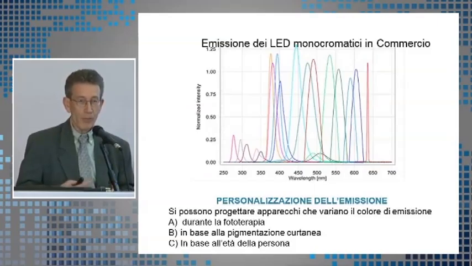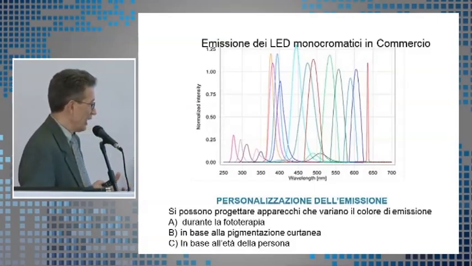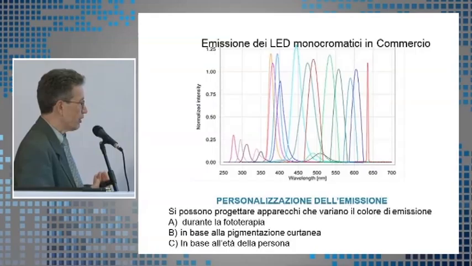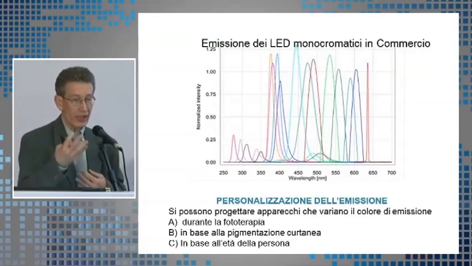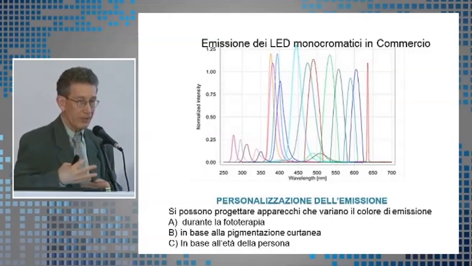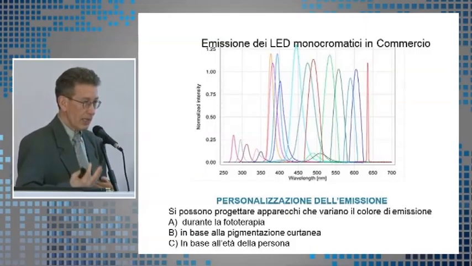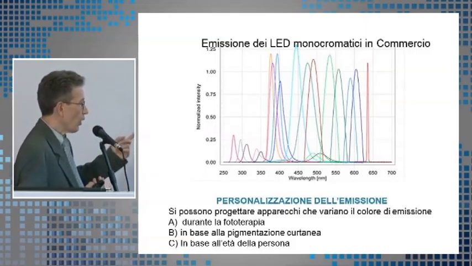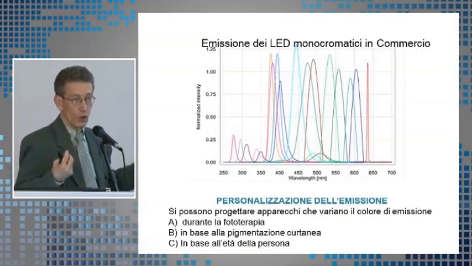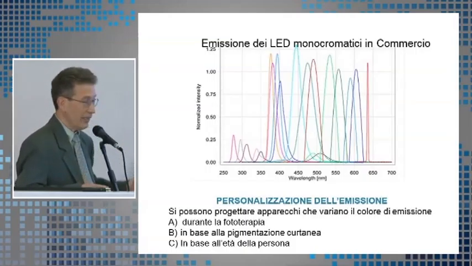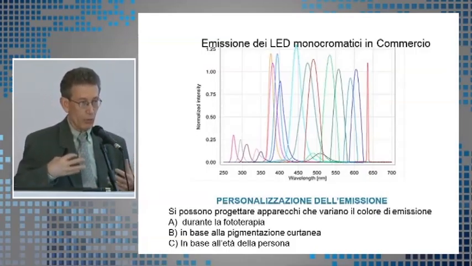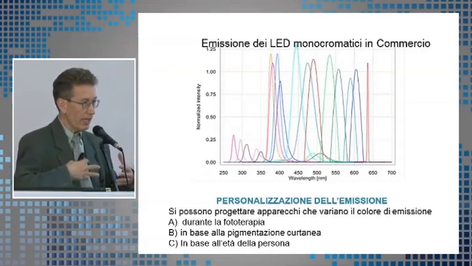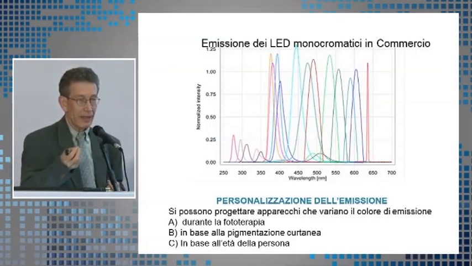As I said, with LEDs, you can do pretty much everything. You can design pieces of equipment which can vary their emission color, i.e. the light spectrum emitted. So it's easy to do something that can change the color during phototherapy. It can be done based upon the skin pigmentation. So in theory, you can see what the skin pigmentation is.